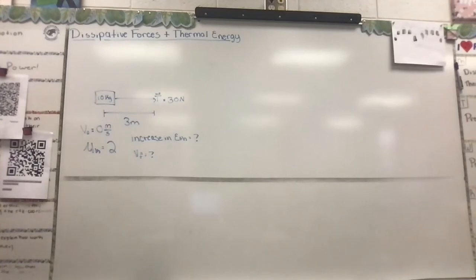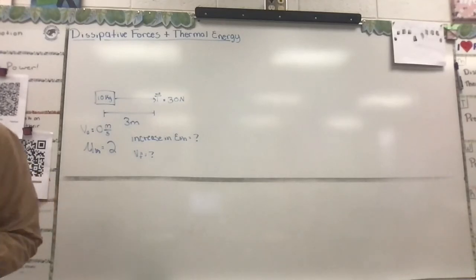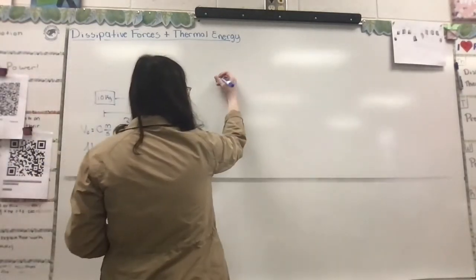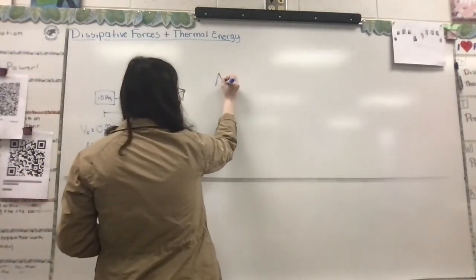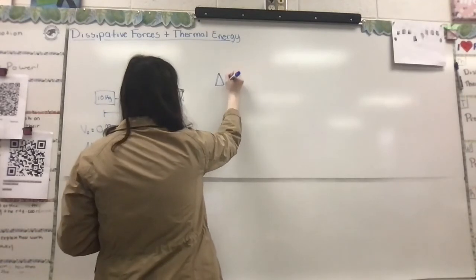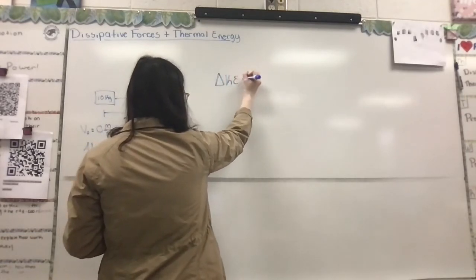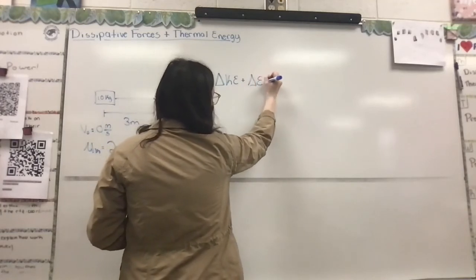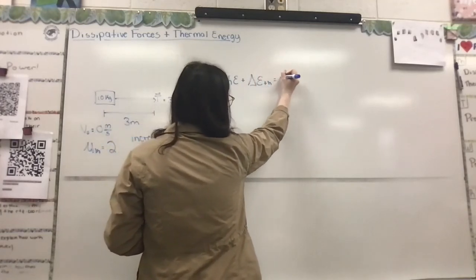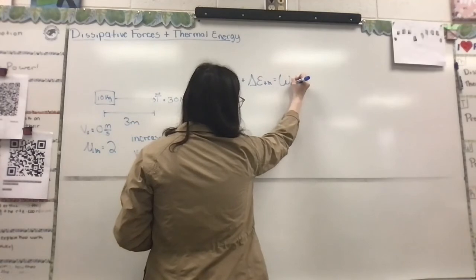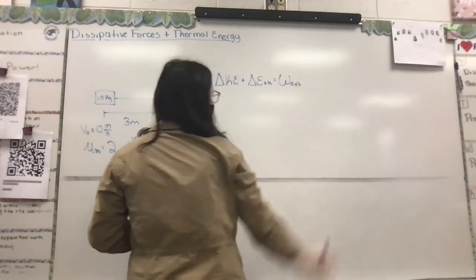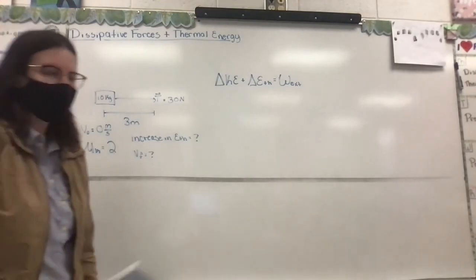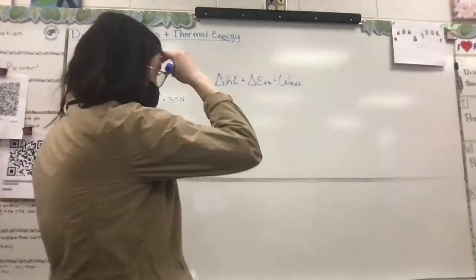And I'm going to see if this marker works any better. Okay, so to start with, we learned that the change in kinetic energy plus the change in what, thermal, is equal to, which is also equal to friction times displacement. Okay, don't get too far ahead of yourself yet, but yes, you're on the right track.